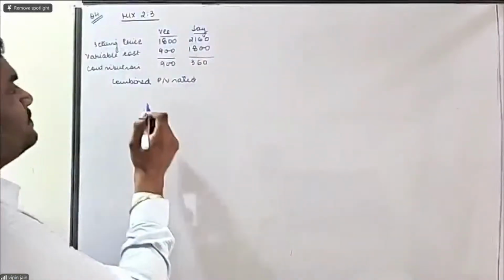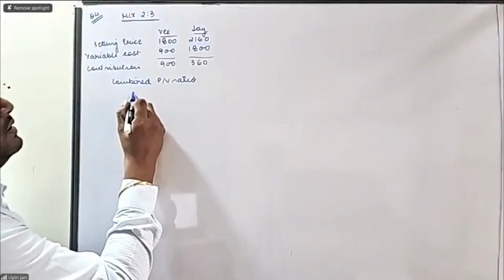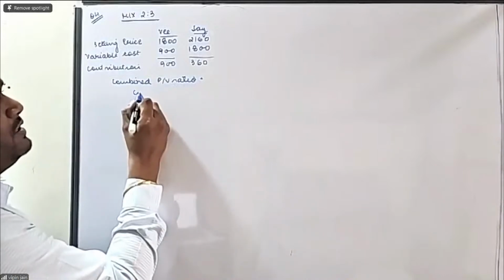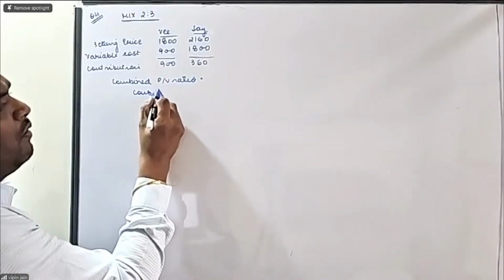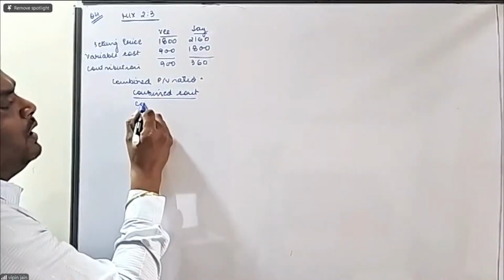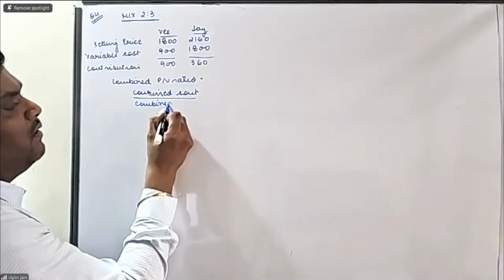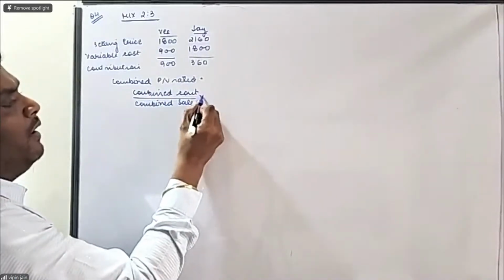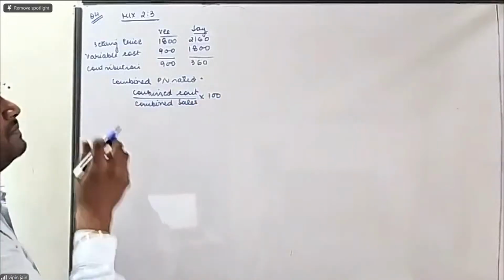So see, when talking about combined PV ratio, it is combined contribution divided by combined sales into 100.